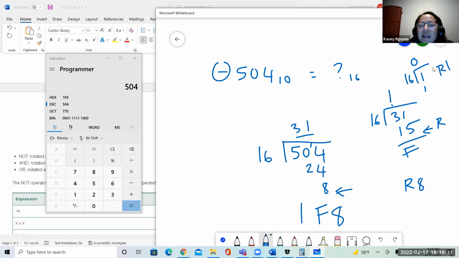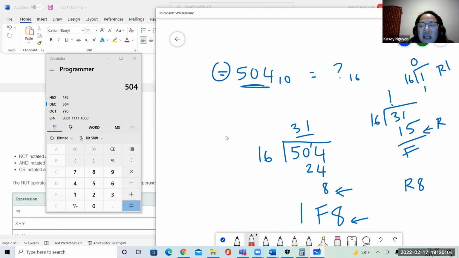But we're not done. This is only going to give us the positive value of 504. Now we have to take this hex value and make it a 2's complement to represent the negative number. Okay. So after we divide and found our hex value, that would be the positive of 504, which is 1F8.